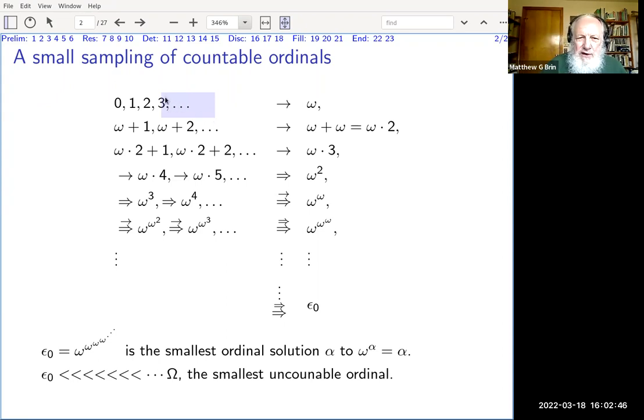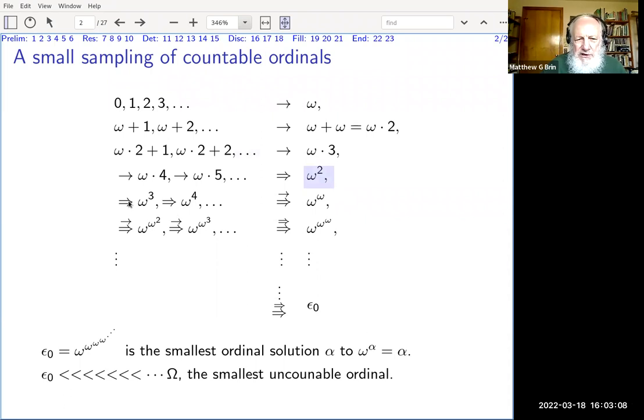Here, you're skipping an interval with the order type of the natural numbers. Doing that again, you get first to little omega, the first infinite ordinal, then omega times 2. The same kind of skip gives you to omega times 3. If you get tired of that, you skip an infinite number of skips, you get to omega squared.